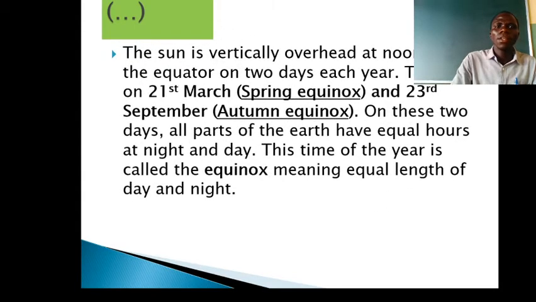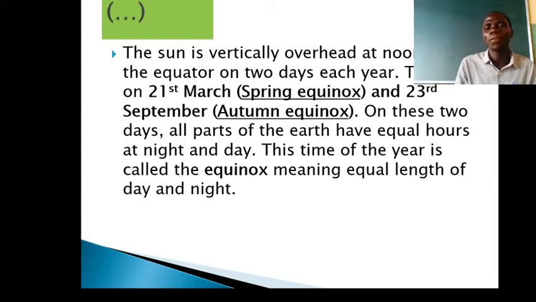Now, the sun is vertically overhead at noon over the equator on 2 days each year. This is on 21st March, where we have the spring equinox, and on 23rd September, where we have the autumn equinox. On these 2 days, all parts of the earth have equal hours of day and night time.